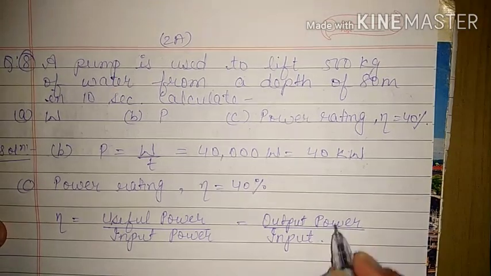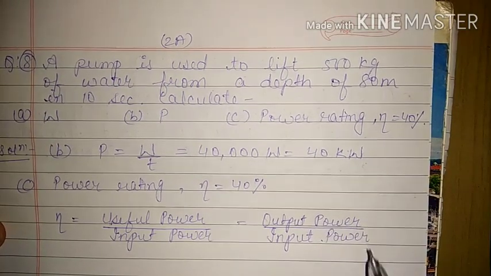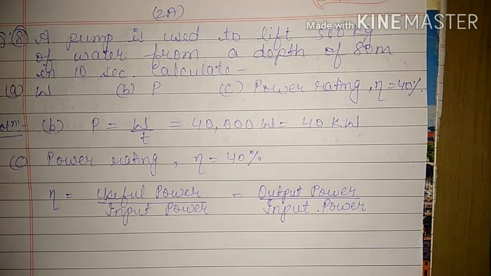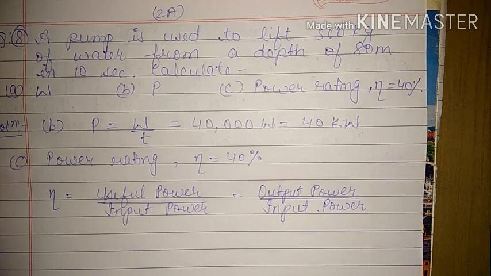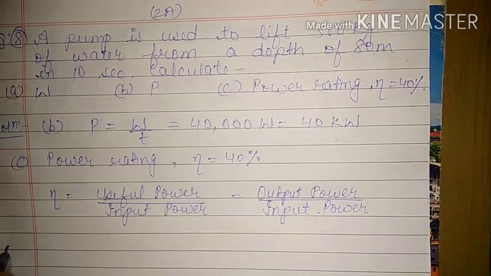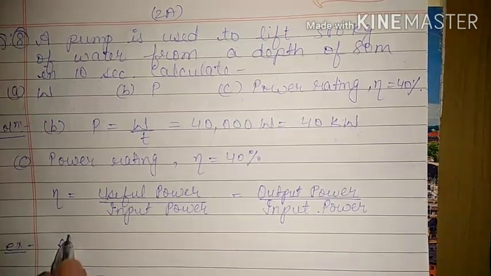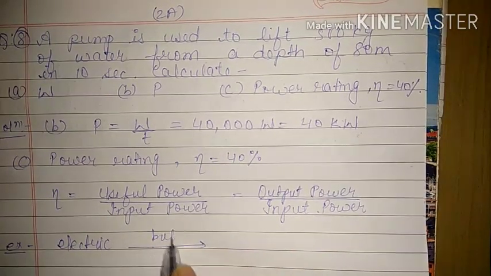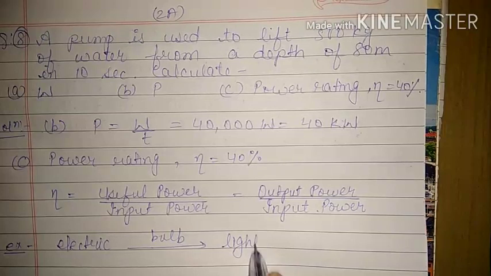In the last class itself, we have seen that whenever any form of energy is put to work, some amount of energy is wasted in the form of heat or radiation. So that means 100% transformation of energy is not possible. Some amount of energy is always wasted. For example, in the case of a glowing bulb, electric energy is converted into light energy.